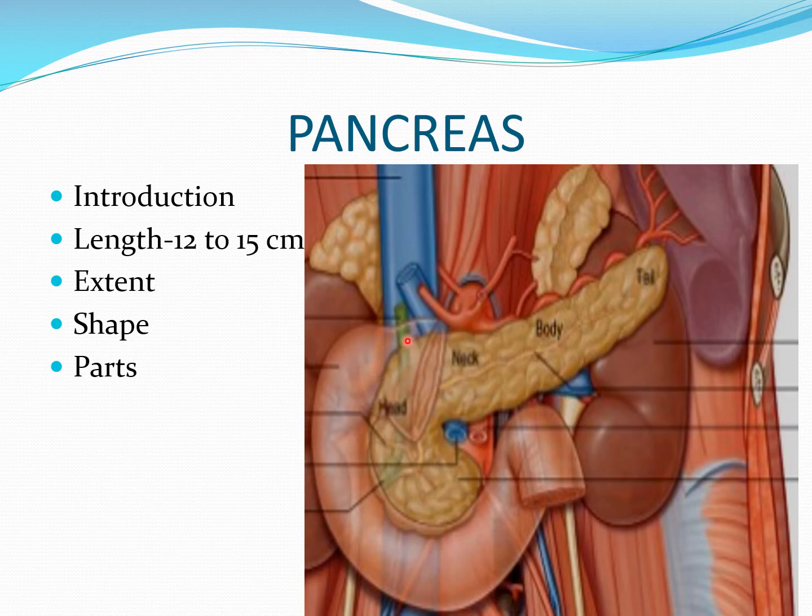Here are the first, second and third parts of the duodenum, and here is the location of the head of the pancreas, then the neck, body and tail. So in total there are four parts of the pancreas, shaped like a J. The head is elongated and lies within the concavity of the duodenum.